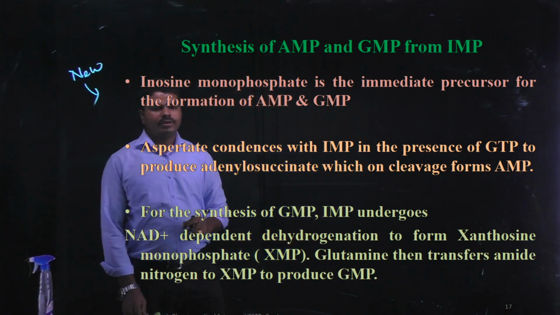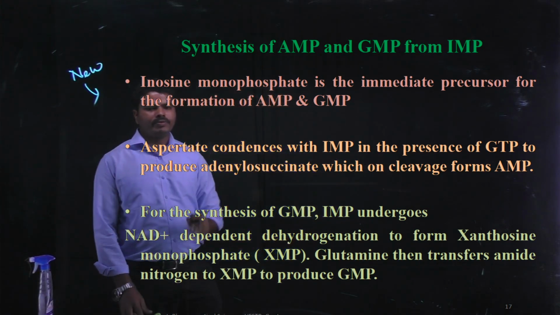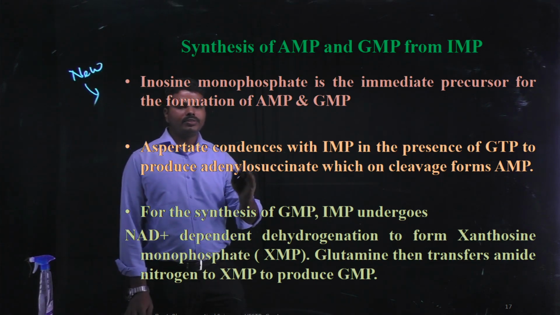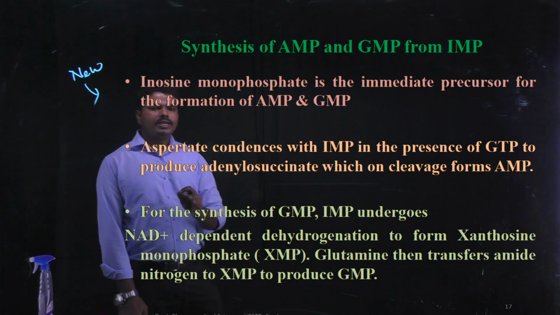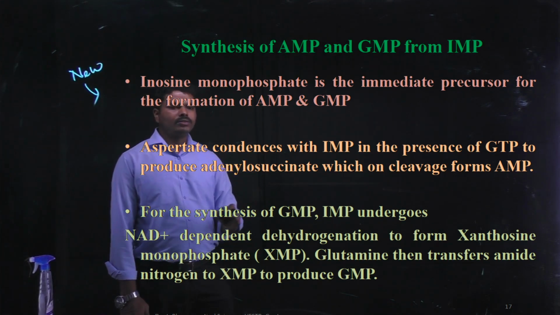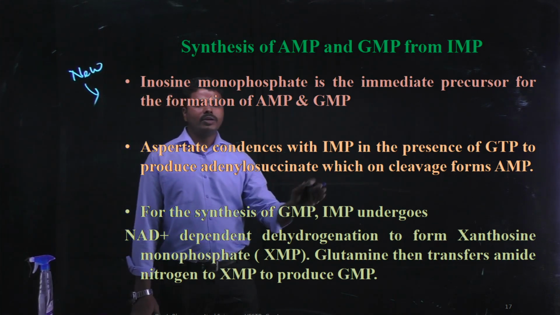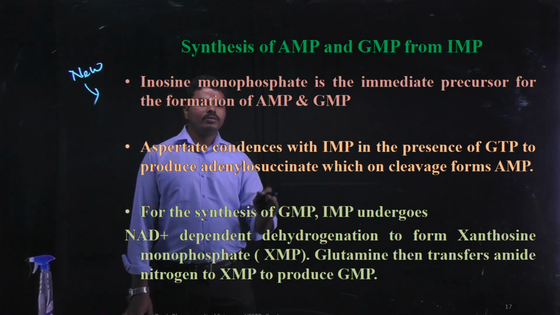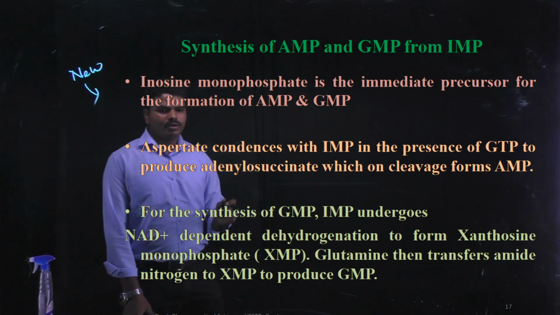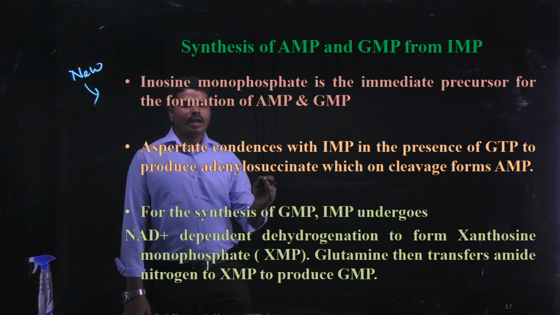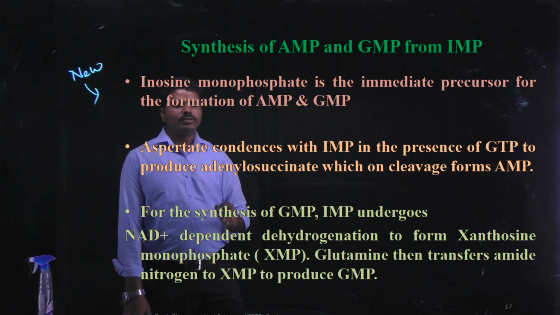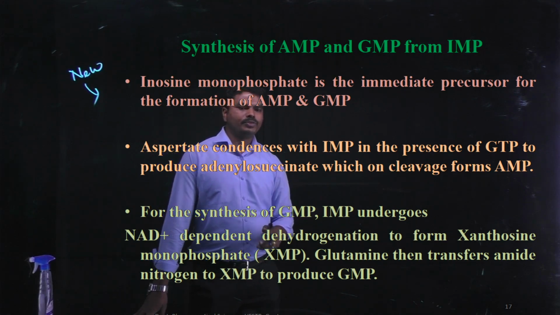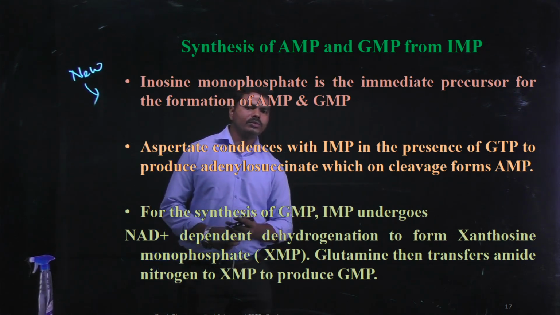And in case of synthesis of GMP, the IMP, that is inosine monophosphate, undergoes NAD plus dependent dehydrogenation to produce the xanthosine monophosphate, and the xanthosine monophosphate will receive the amide nitrogen from the glutamine to produce the GMP, that is guanosine monophosphate.